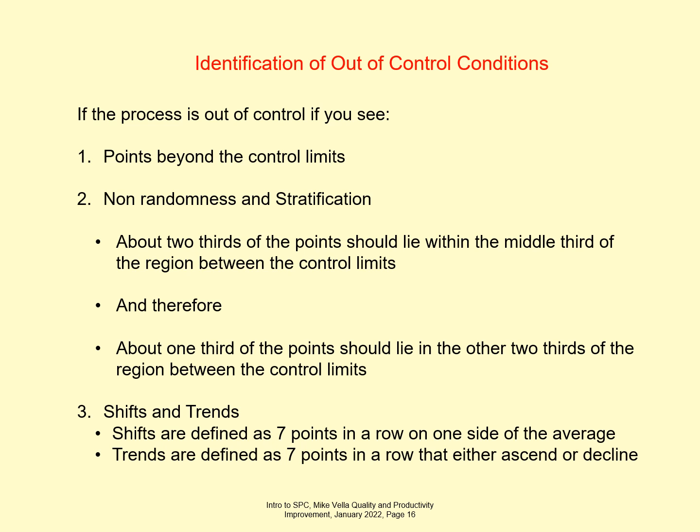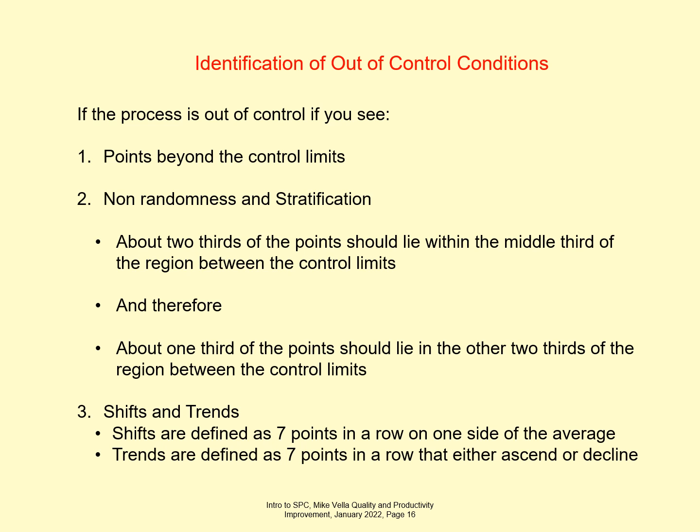So therefore, when you think about that distribution of averages, you would expect to see 68%, or roughly 2/3, of the points within the middle third of the SPC graph, and the other third on the outside of that 2/3 of the center. If you don't, we call that non-randomness and stratification.